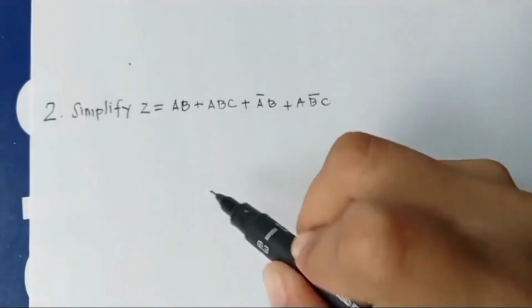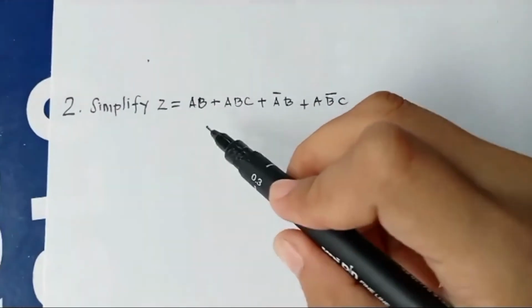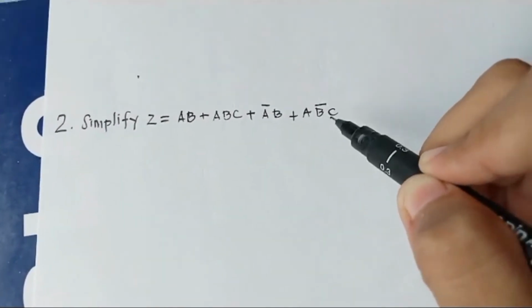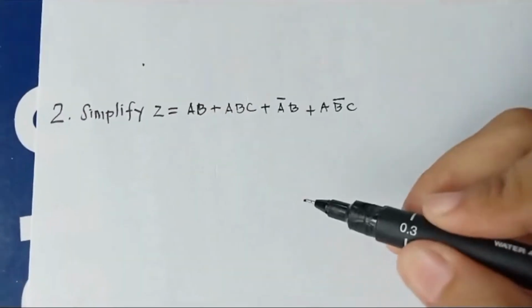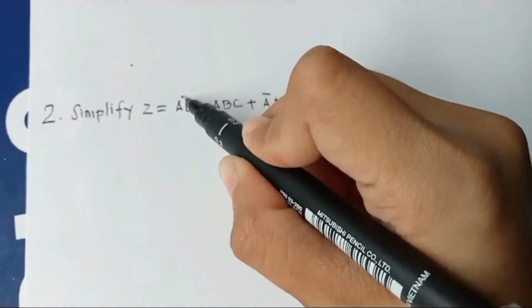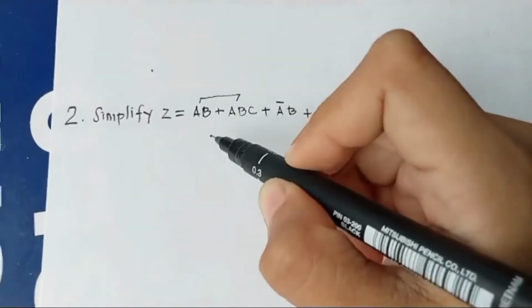Here is another example. Simplify Z equals AB plus ABC plus A bar B plus AB bar C. Again, let's identify the common terms. We have AB and ABC here as common terms.